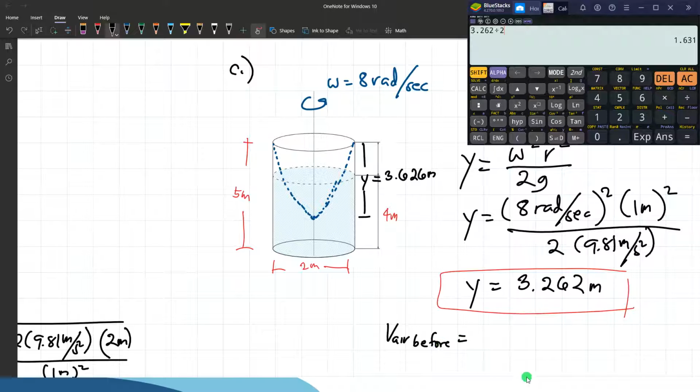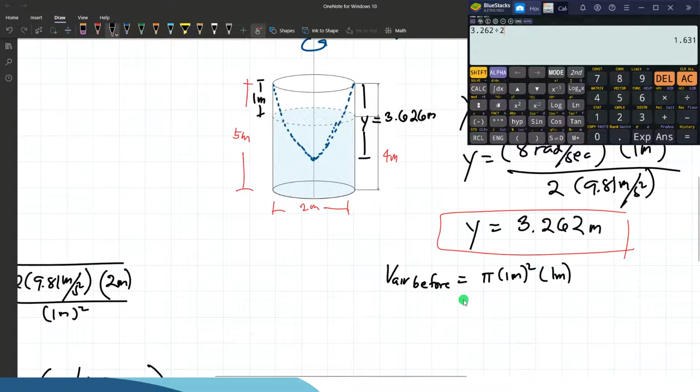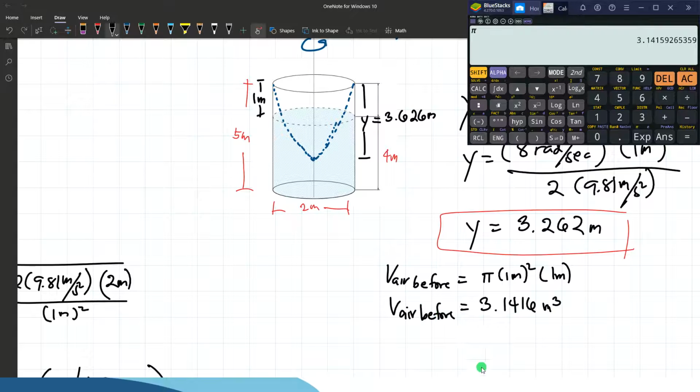Before it is rotated, if this is 1 meter, the volume of the cylinder will be pi r squared h, which is pi times 1 squared times 1, just equal to pi, or 3.1416 cubic meters. That's the volume of air before.